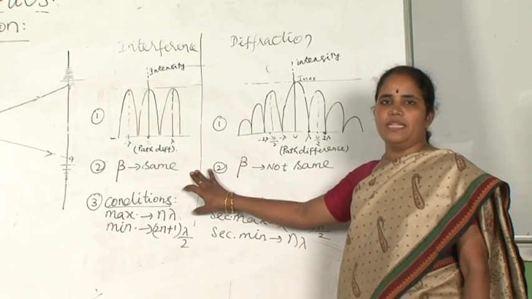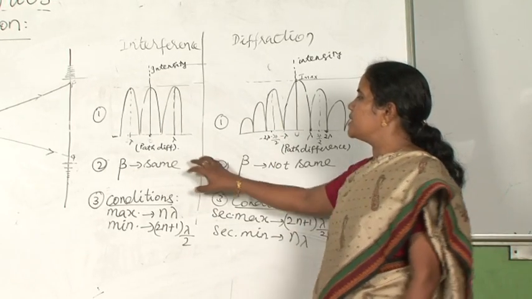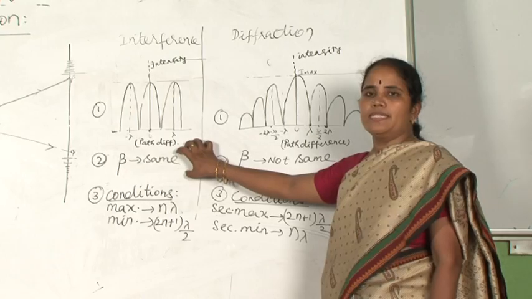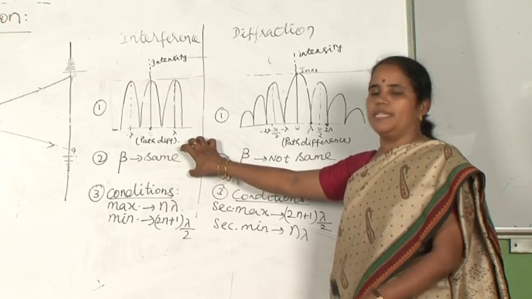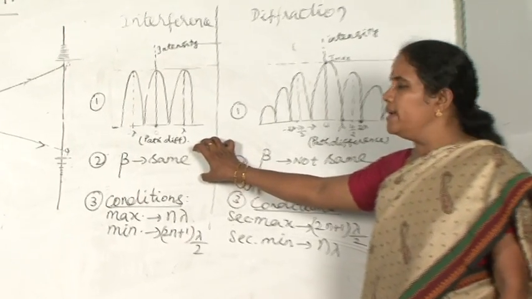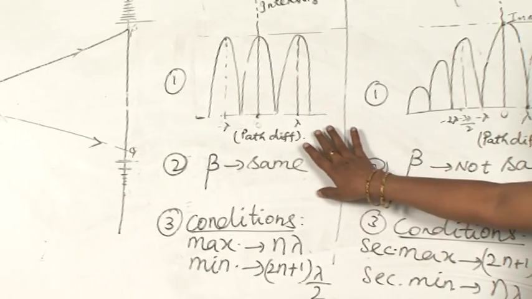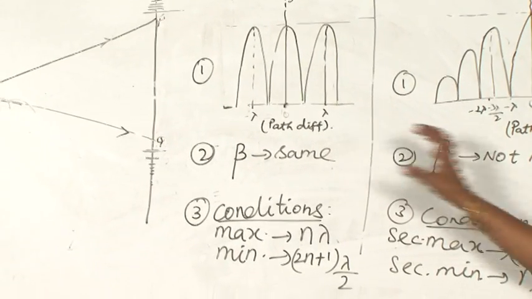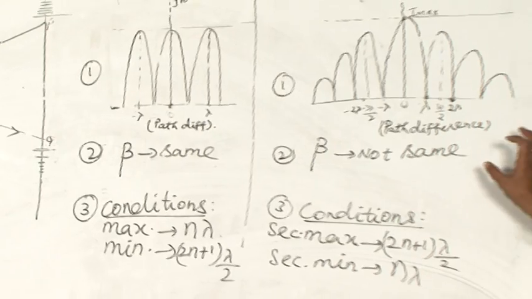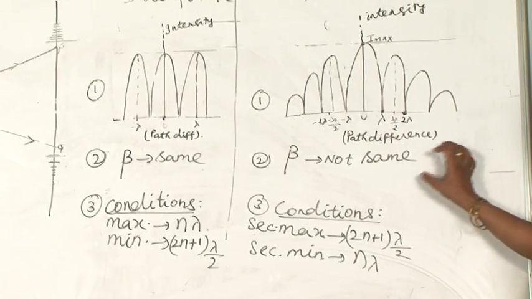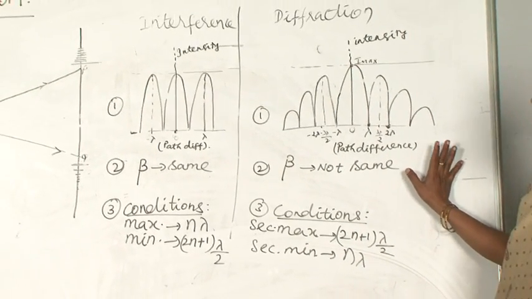The second difference between interference and diffraction is that in interference the fringe width, as we derived, is lambda D by d, and the fringe width of all the fringes remains the same, but in diffraction the fringe width beta does not remain the same.